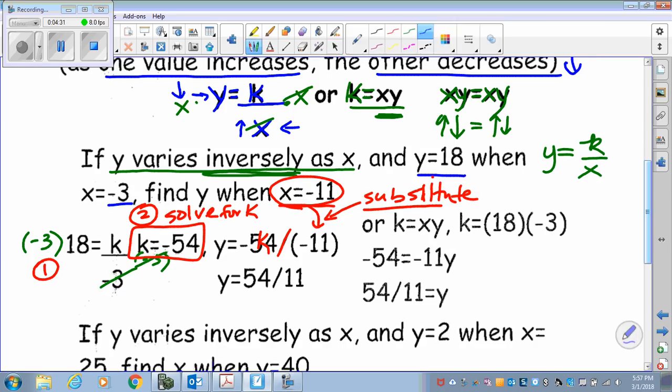Another way you could look at it is with the multiplying. If you multiply x and y, you also get a constant. So I know that if y is 18, x is going to be negative 3. So when I multiply them together, I get my constant of negative 54.